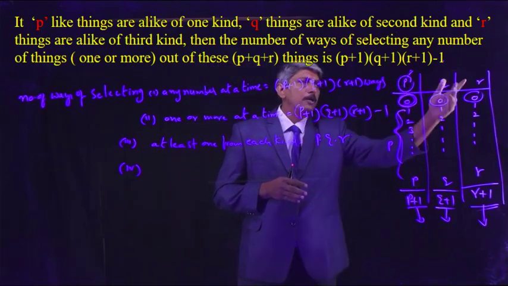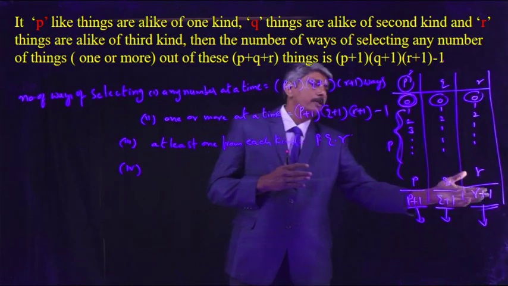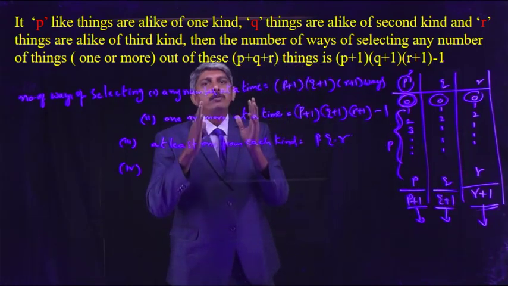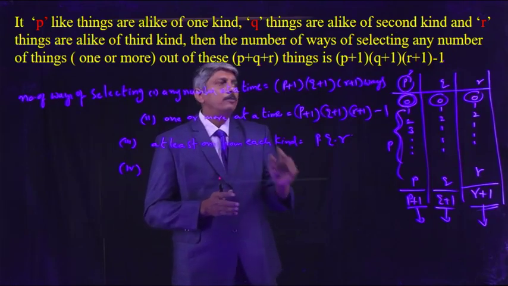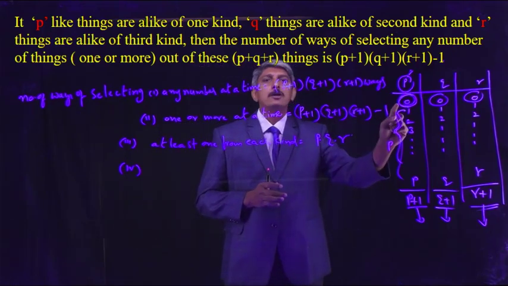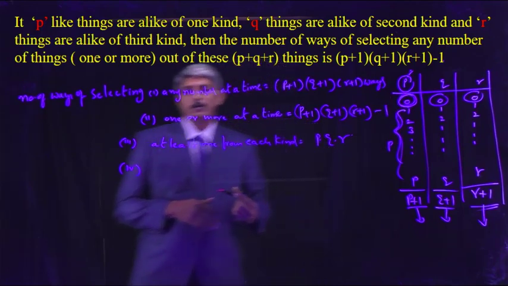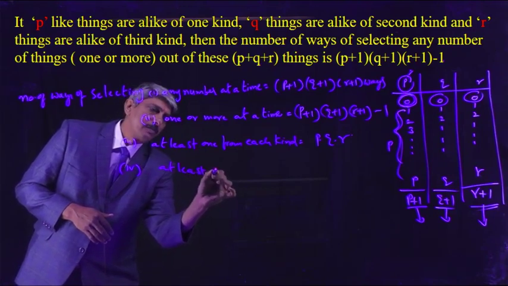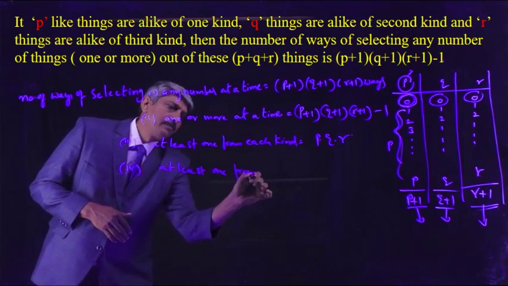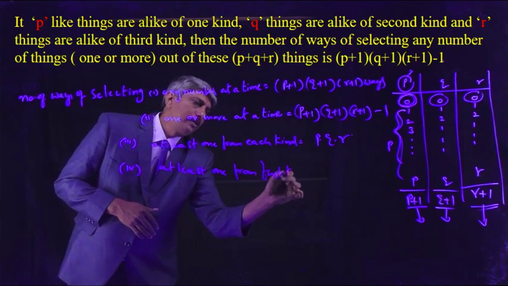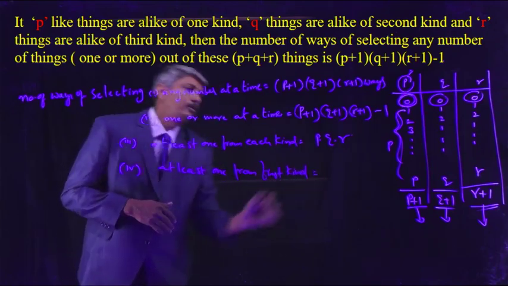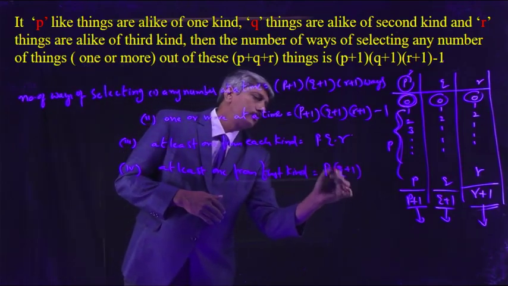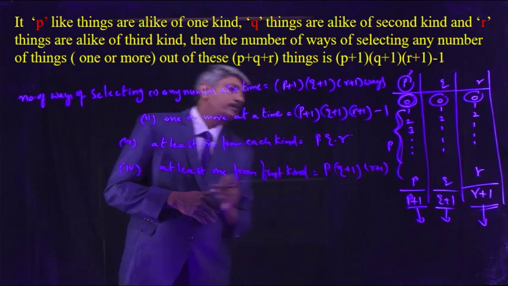There are Q plus 1. How many cases arise for R? There are R plus 1. But how many cases arise for P? We have only P, because at least one from the first kind means 0 is not included. Therefore, at least one from the first kind is equal to P into (Q plus 1) into (R plus 1).